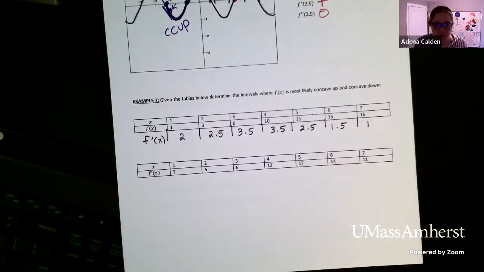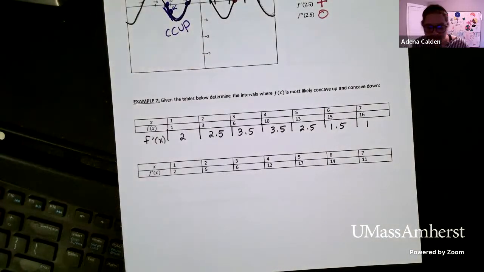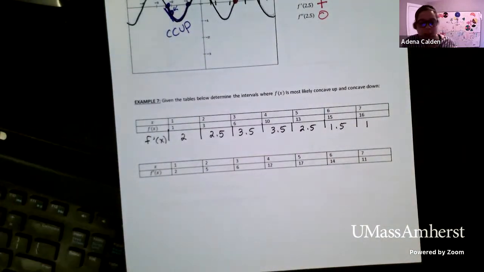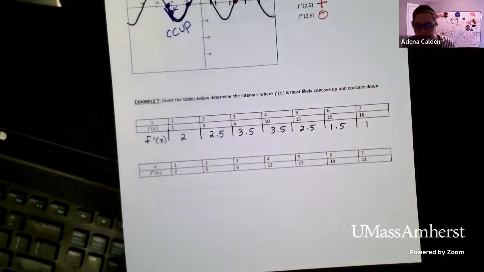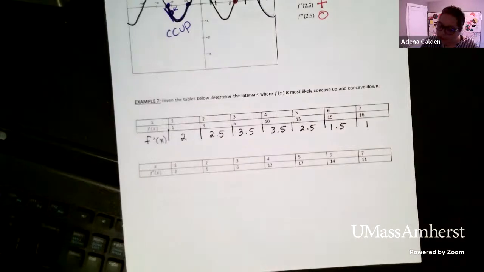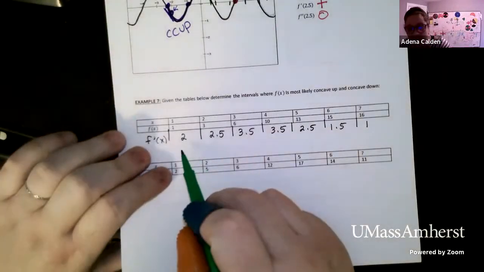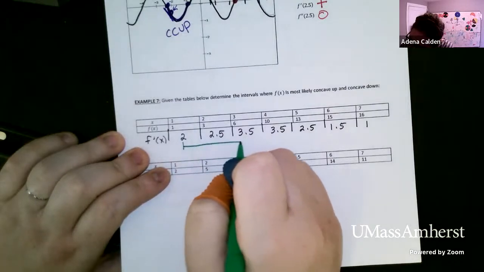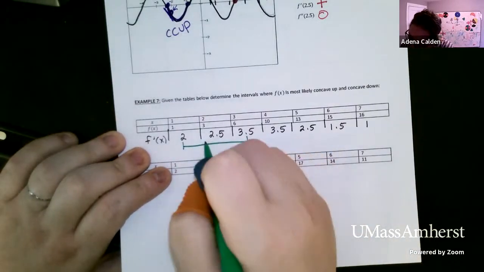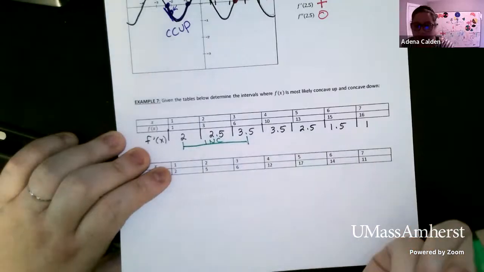So what do we want to do with that? I want to remind you from our statements, if the first derivative is increasing, the second derivative is positive. So I want to think about where we are increasing and decreasing. So here, 2, 2.5, 3.5. Those are all increasing values.